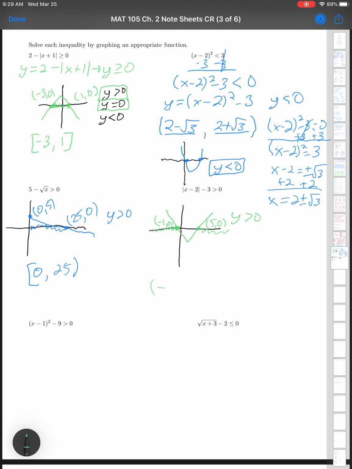Well, that's actually two different pieces, right? That's this part over here and this part over here. So we get the region from -infinity to -1, union from 5 to infinity. So we get these two pieces on the outside. Okay, so at this point, go ahead and pause the video briefly and try these other two problems, and then when you start the video again, we'll go over the answers.